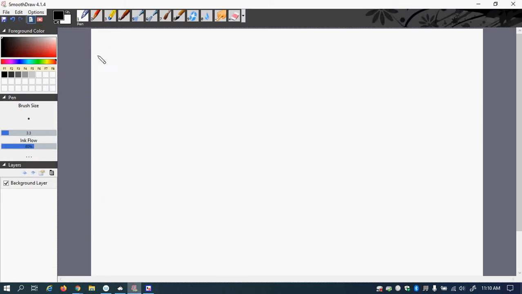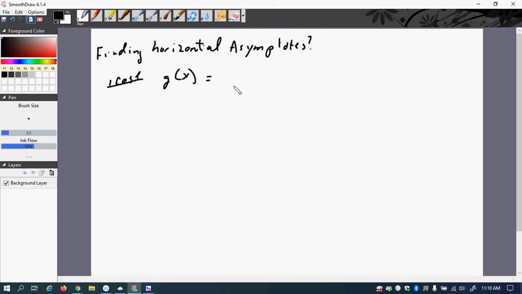Finding horizontal asymptotes. Okay, so we're looking at the first case. Let's say we have an equation of g of x equal to x plus 4 all over x squared plus 1.